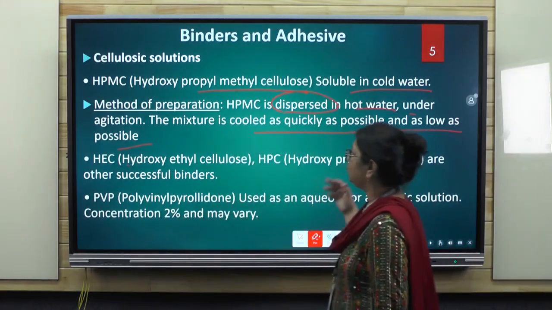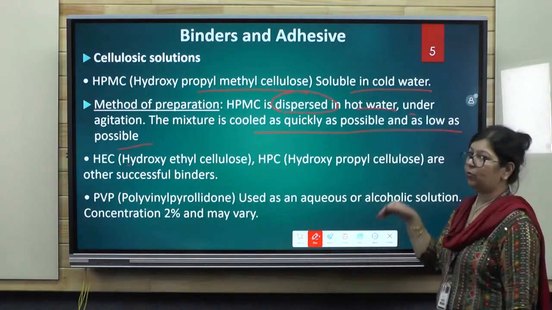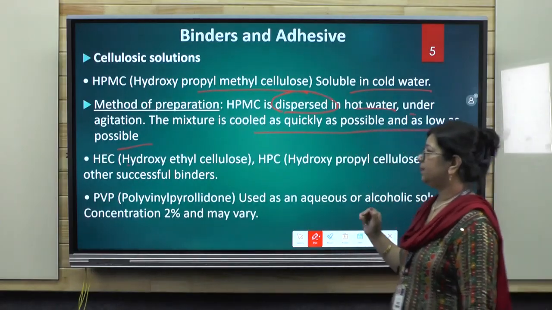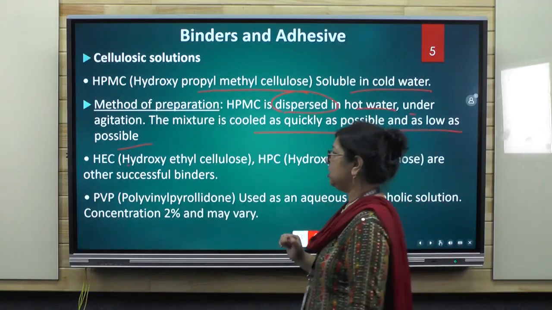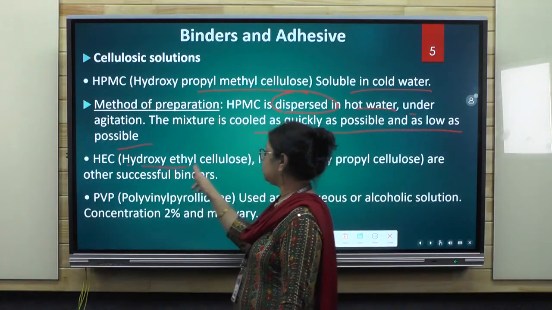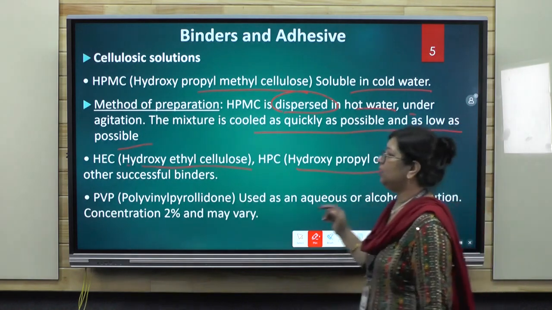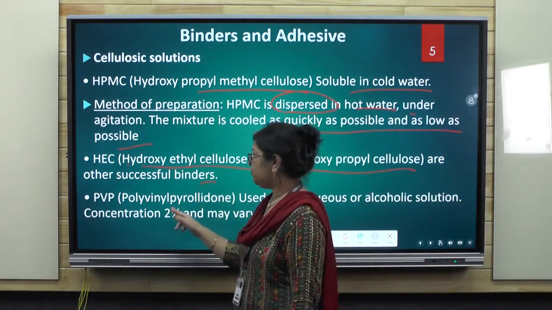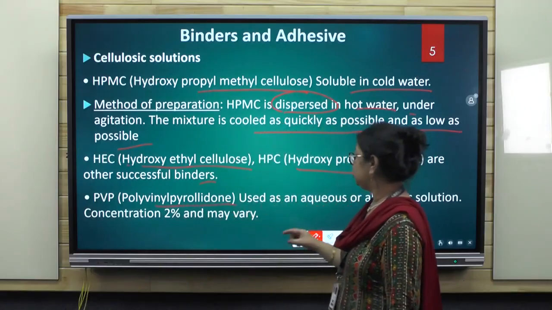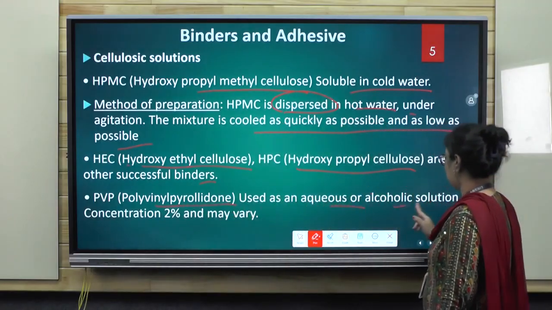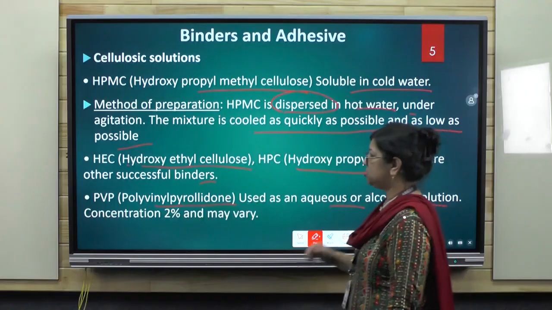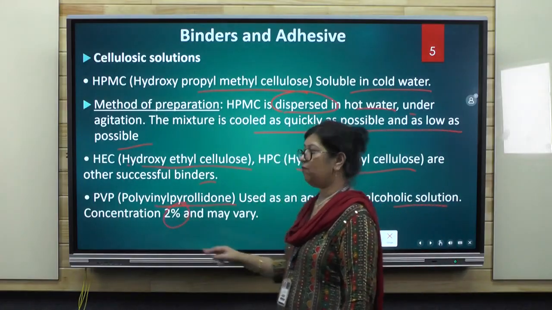That means it has to be cooled down quickly and to the lowest possible temperature. And the second one is HEC, hydroxyethyl cellulose. Hydroxypropyl cellulose is another successful binder. PVP, polyvinyl pyrrolidone, is used as an aqueous or alcoholic solution. Concentration is 2% and it may vary.